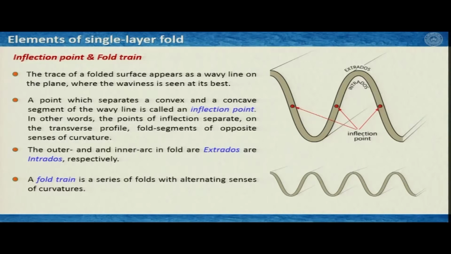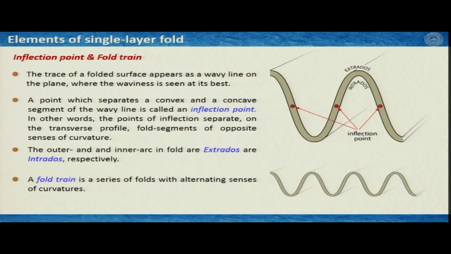The first thing we will learn is inflection point and fold train. So, these are the elements of a single layer fold. We will see more terminologies in the next slides, but let us focus on the inflection point and fold train.